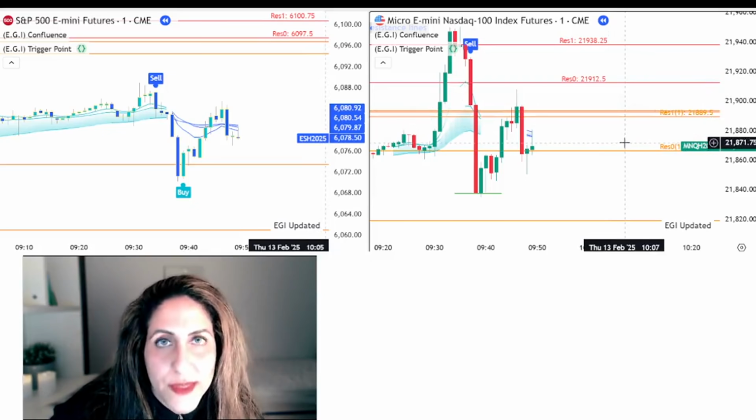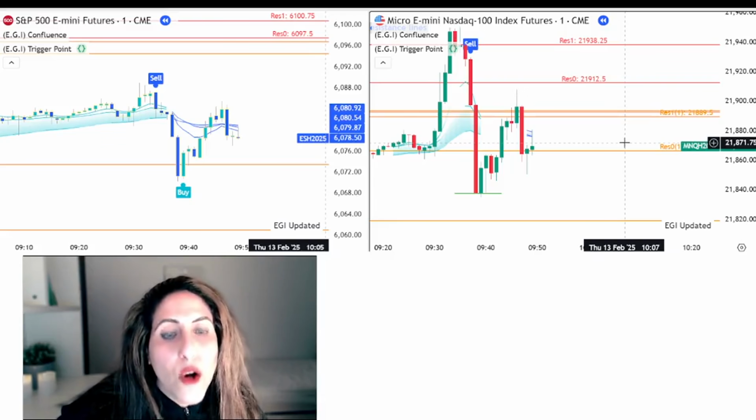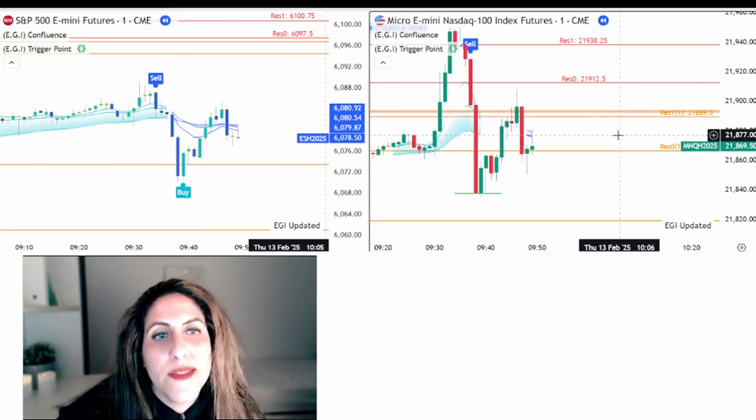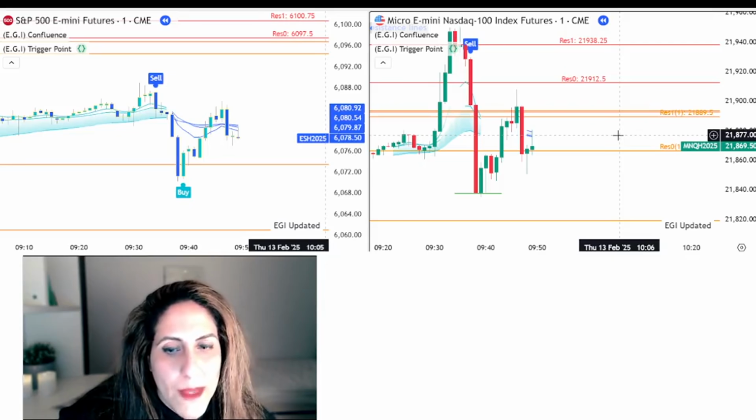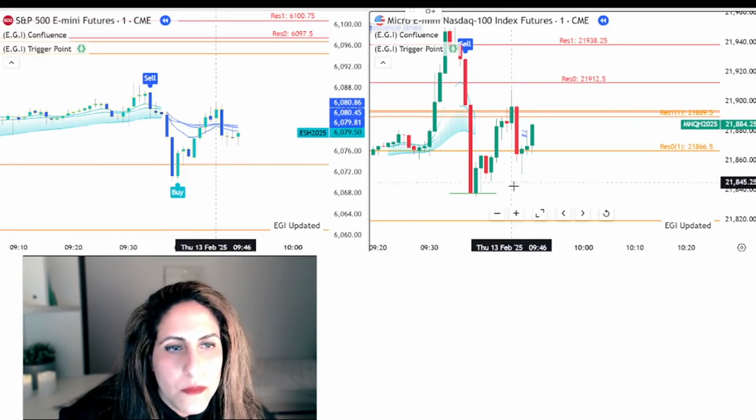Okay, so when you see trigger points with a low distance between them, it often indicates that this is a consolidation zone. So, okay, now let's continue. Let me write it down.